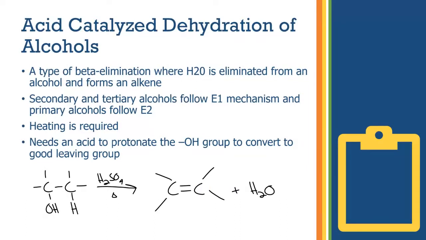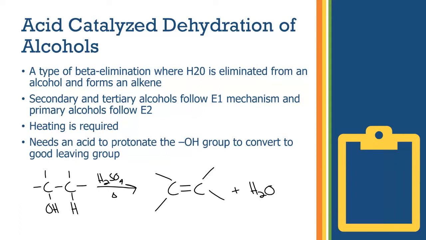Okay, so the next thing we went over was acid catalyzed dehydration of alcohols, which is another type of beta elimination. Okay, so this is where water is eliminated from an alcohol, and that forms an alkene. So secondary, tertiary alcohols follow an E1 mechanism, and then primary alcohols follow E2.